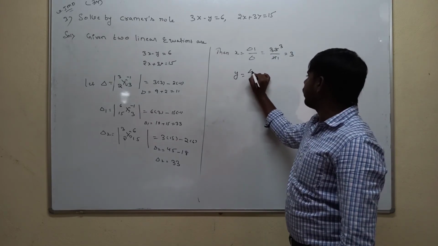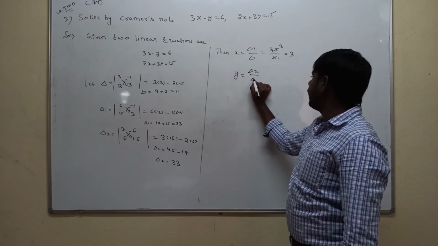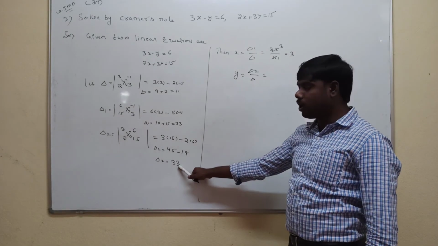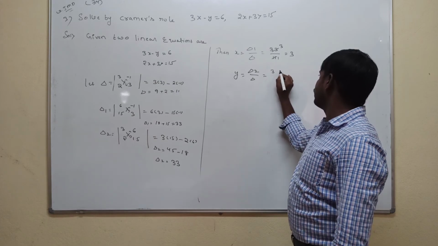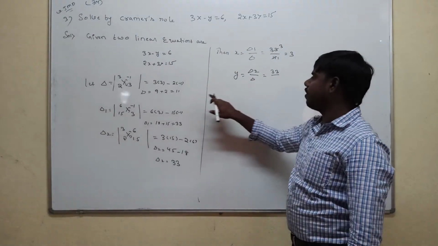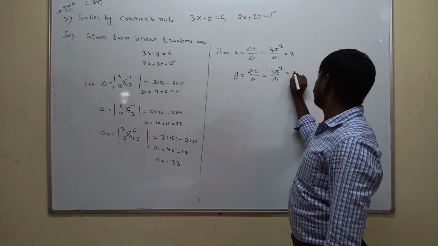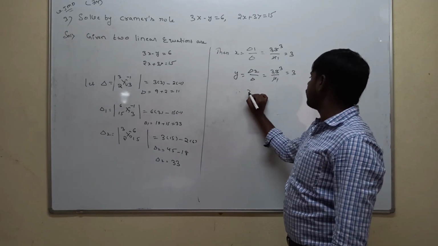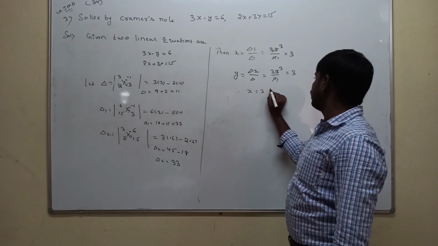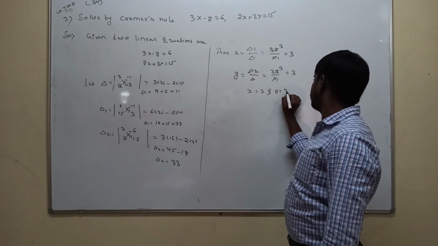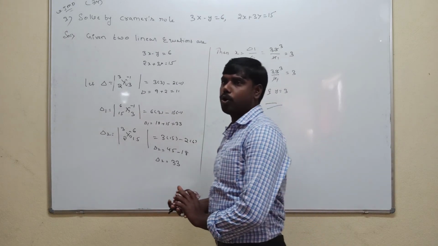What is the y condition? Delta 2 by delta. The delta 2 value is also 33; substitute 33. Delta value is 11. So 11 ones are 11, 11 threes are 33, which is equal to 3. So finally we got the values: x is equal to 3 and y value also 3. This is the process.